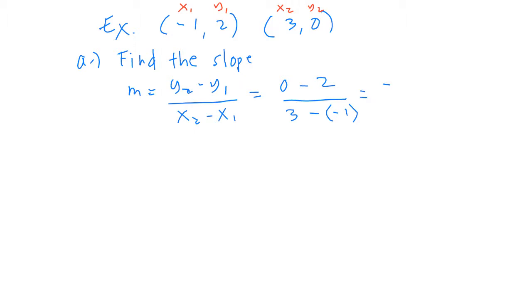It gives us negative 2 over 3 minus negative 1. It's 3 plus 1, so that should be 4. So it's negative 1/2, reducing negative 2 over 4 into the lowest terms. So that would be our slope.